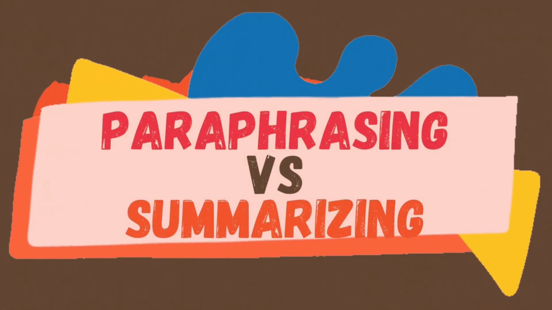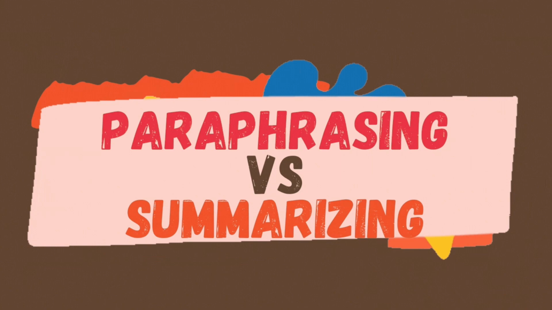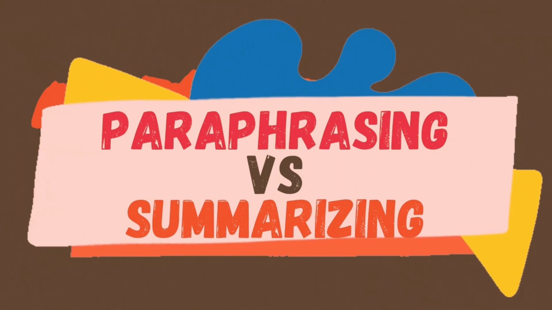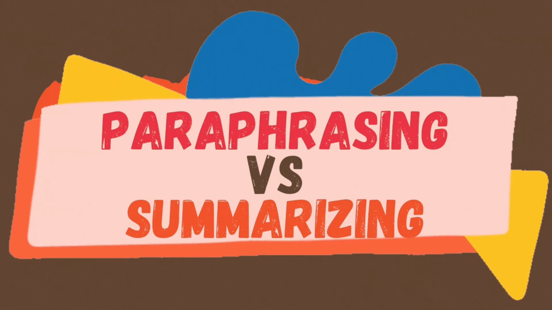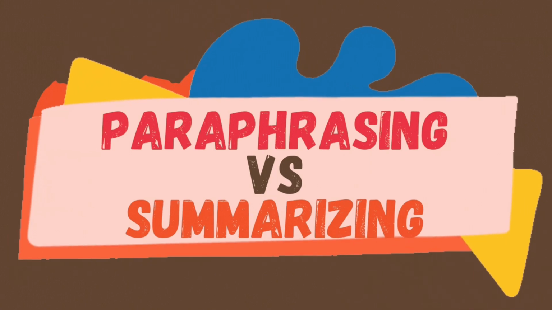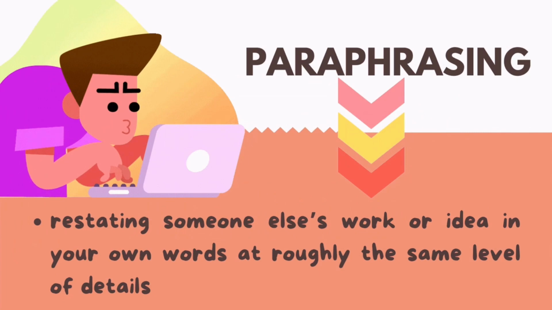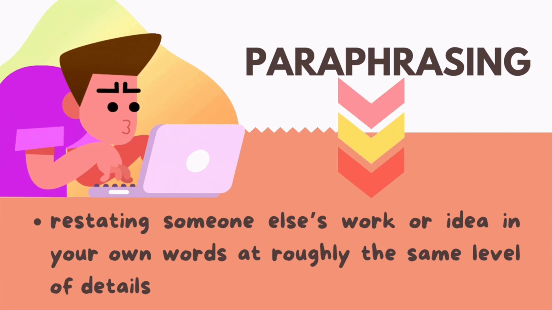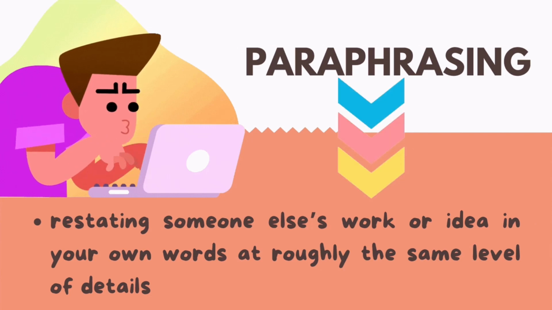It is vital to know that while summarizing and paraphrasing are two closely related concepts, they are actually two different techniques in writing. Paraphrasing refers to restating someone else's work or idea in your own words at roughly the same level of details.